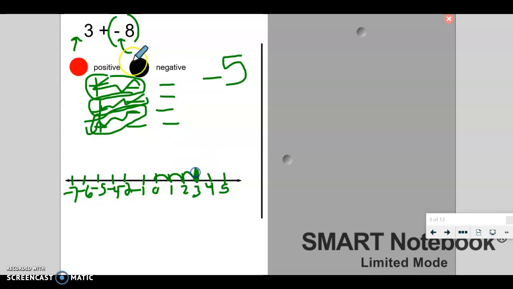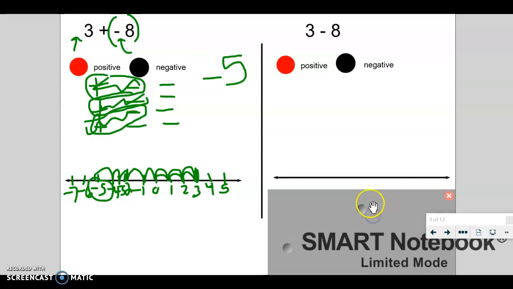And then 8 is negative, so I know since it's a negative, I'm going in the left direction on a number line. 1, 2, 3, 4, 5. I skipped -3. 6, 7, 8. So there is -5. Make sure you double check that your number line is correct. For some reason I skipped -3. Oh. So -5, both those answers are correct.